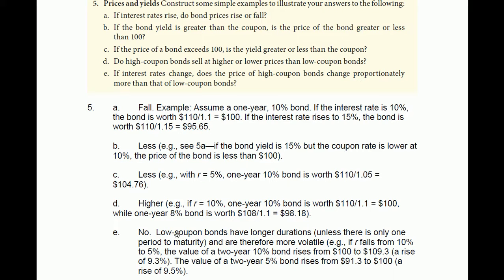You can look up the different formulas of calculating durations in the book, and the simple reason for lower coupon bonds having higher durations is that in the formula, if the coupon is lower, you can see that the fraction will be higher as the bond's duration.